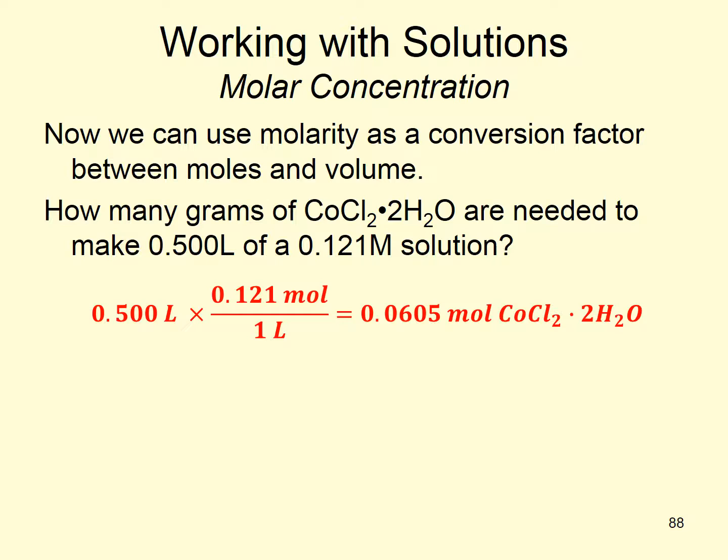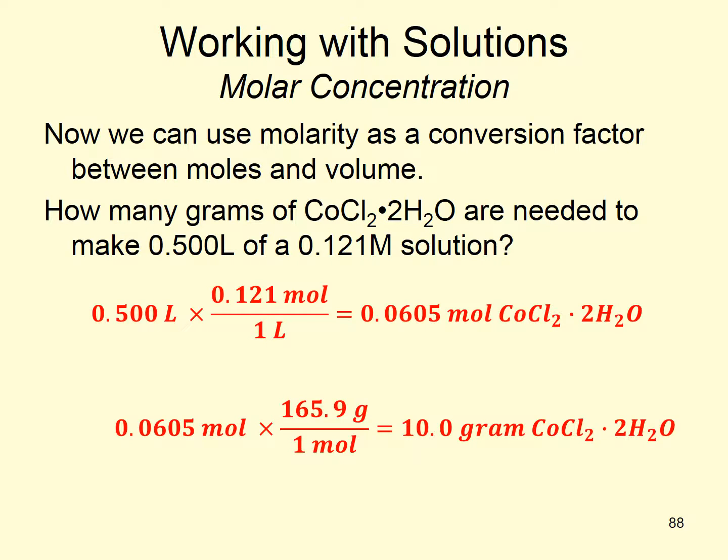You could also do this as a ratio. If you say, well, if there's 0.121 moles per 1 liter, how many moles will there be per 0.5 liter? You can set those two equal to each other and cross multiply, and you would get the same result. Now, we take that 0.0605 moles, multiplied by the molecular weight, and I throw this example in there because if you do see a hydrate like this, you do have to add the weight of the waters to the total molecular weight.